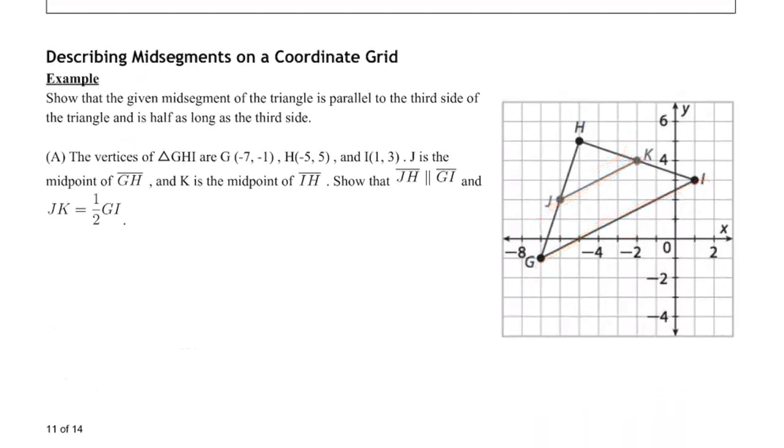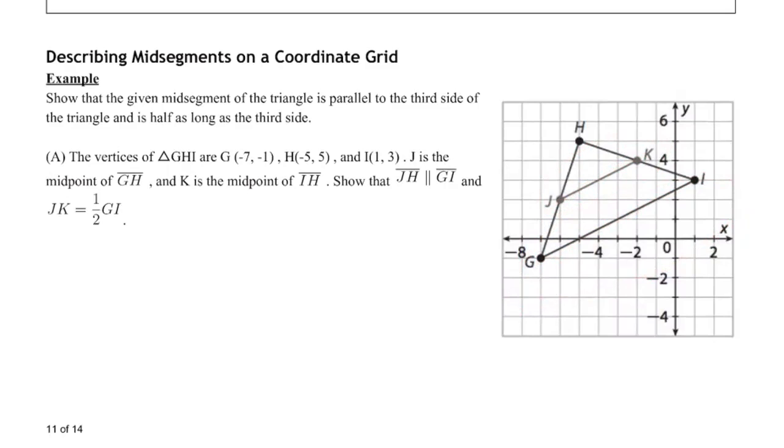So your job is to find the slope of GI and JK to show that they're the same, and then to find the length of GI and the length of JK to show that JK is one half of GI. This is something you should be able to do on your own after a lot of practice that we had in the past. So why don't you go ahead and try that before I show you the correct answer.